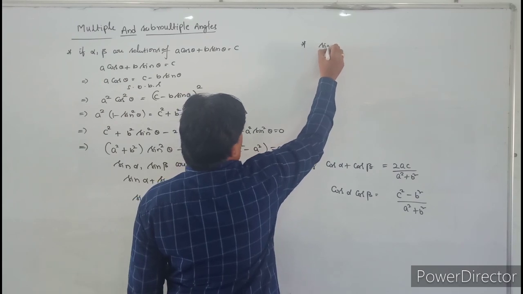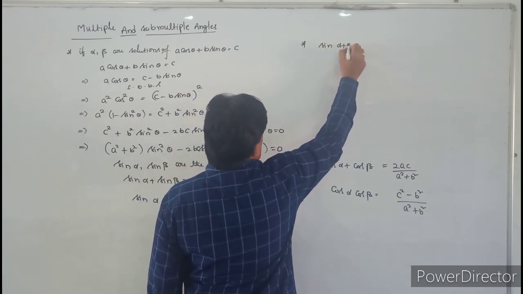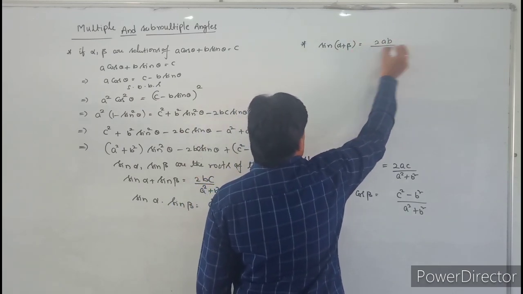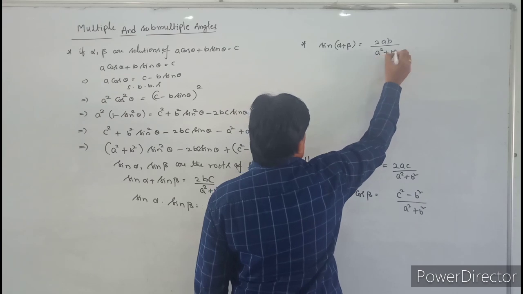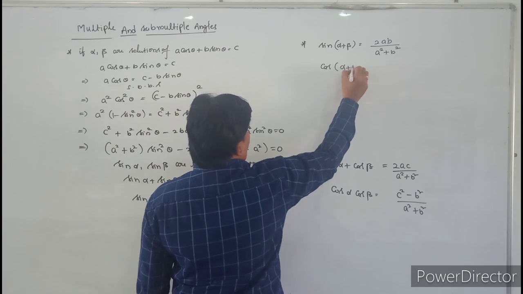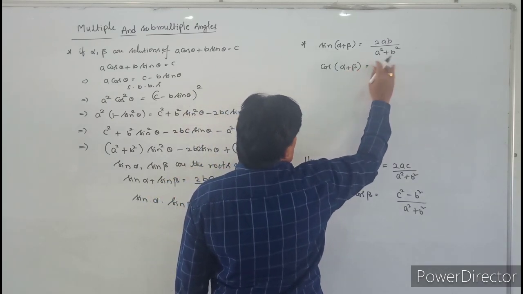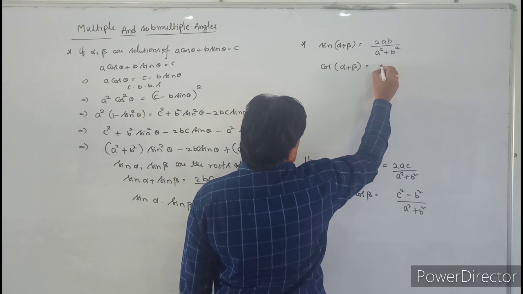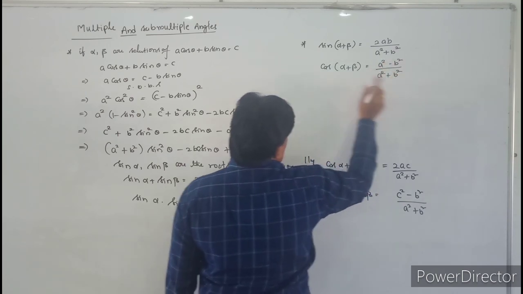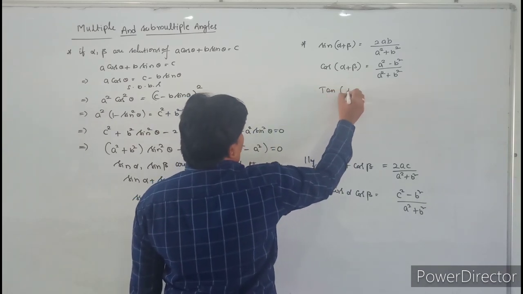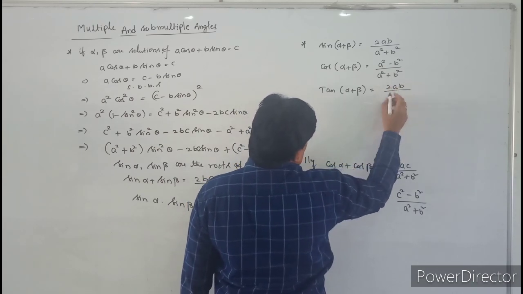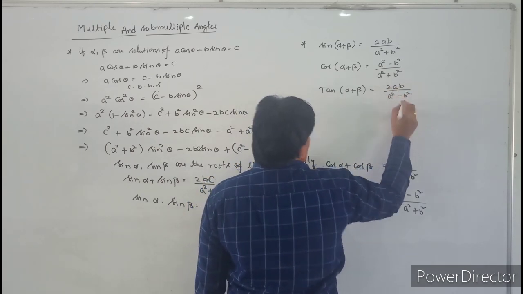From that we can calculate that sin of alpha plus beta is equal to 2ab by a square plus b square, and also cos of alpha plus beta is equal to a square minus b square by a square plus b square, and also tan of alpha plus beta is equal to 2ab by a square minus b square.